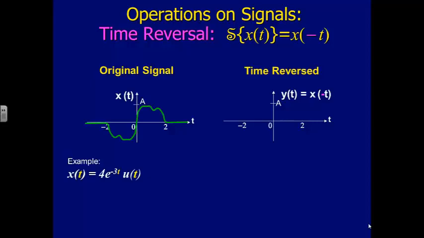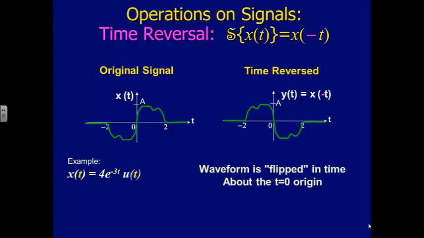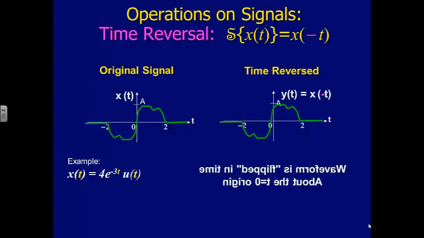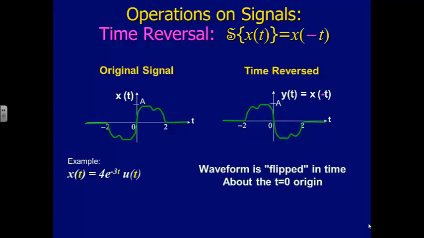Graphically, if we had a signal like the one shown here on the left, x of t, with whatever shape it has, if we want to create the time reversed version of that, the signal would have the same basic shape, except it would be flipped around the t equals 0 vertical axis. So it would be as if we were running the signal backwards in time. So what was previously in the positive t direction now is in the negative t direction, and vice versa.